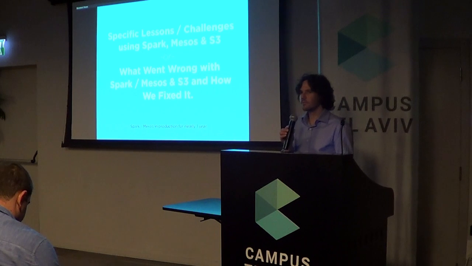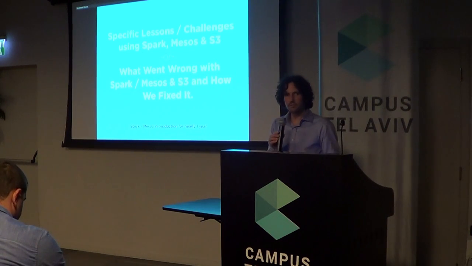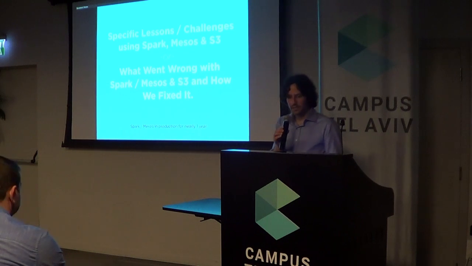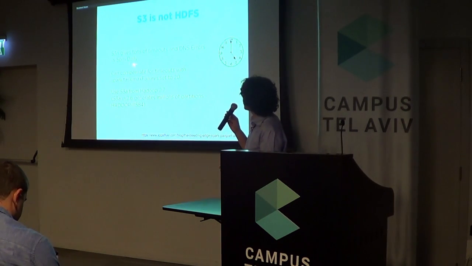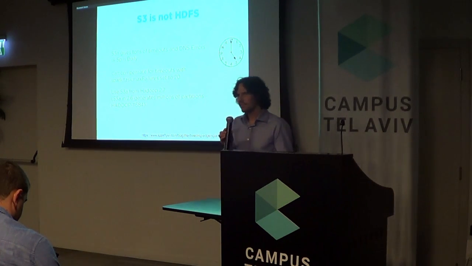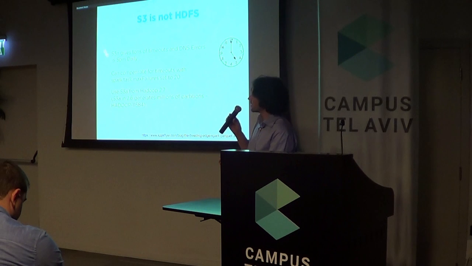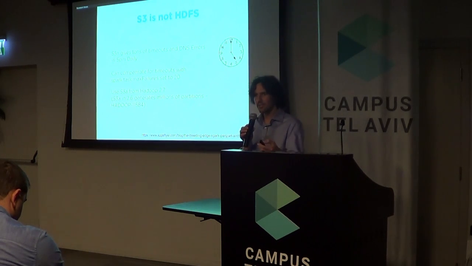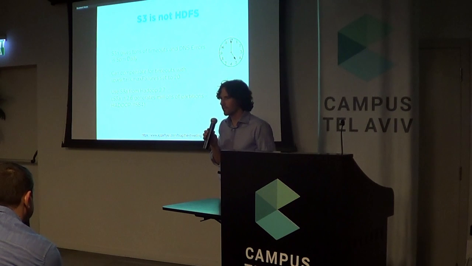What were some of the things that we've dealt with? I'll go over some of these quickly because there's a nice blog post that Arnon wrote that you can read. Briefly, for a while, every day at 5 p.m., all our jobs would fail. This stopped when we upgraded from the S3N connector to S3A, which is the next version.